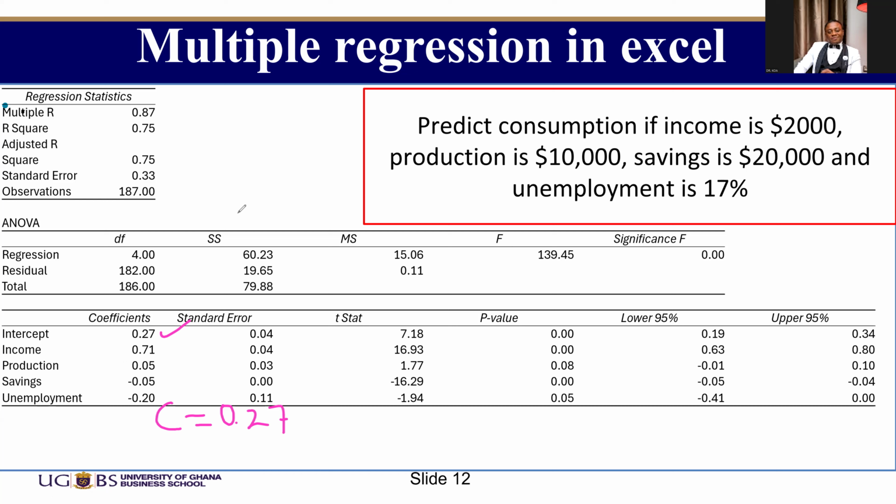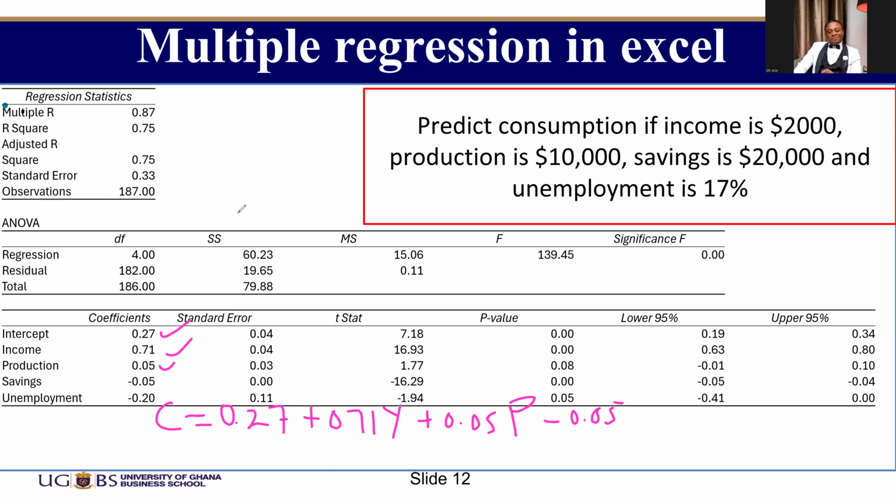Then plus 0.71 income. Let me just write Y. Then you do plus 0.05 production. Then you do minus 0.05 savings.